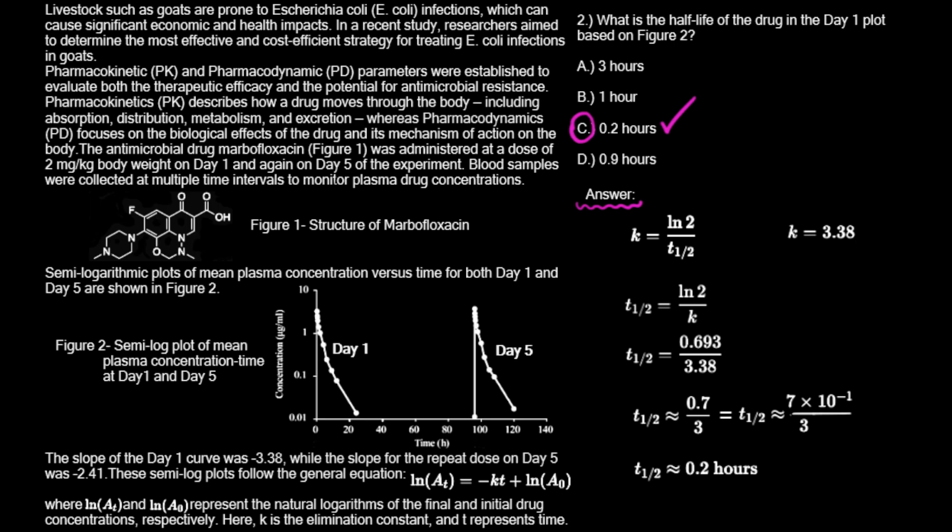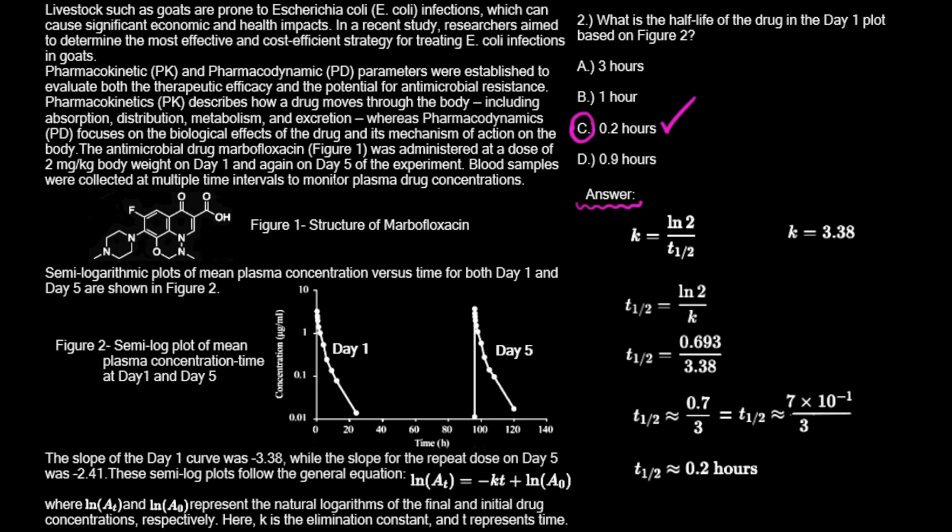So we have t1/2, the half-life, is equal to 0.693 divided by 3.38. The negative sign in front of 3.38 just tells us that it's a downward slope of the curve, so we can ignore it for this calculation.